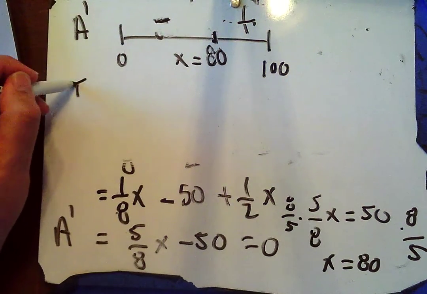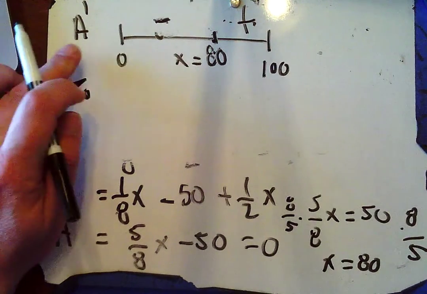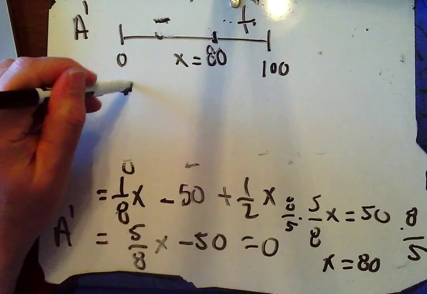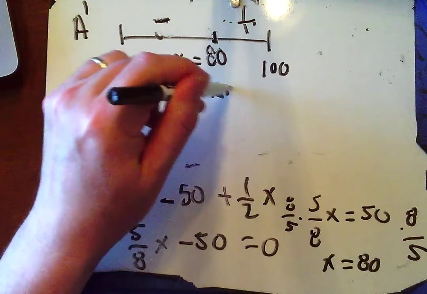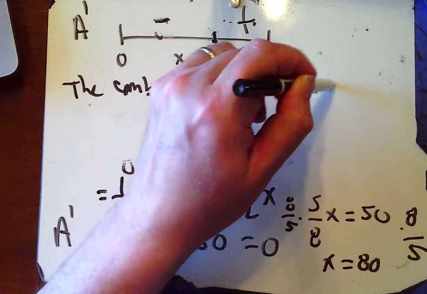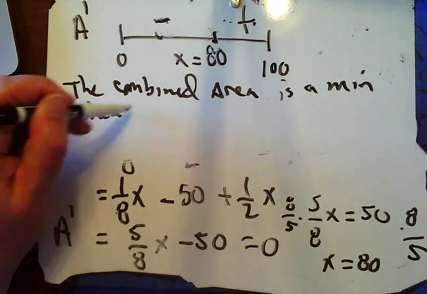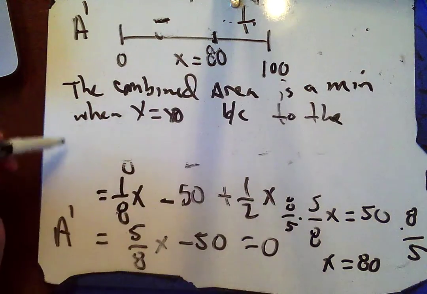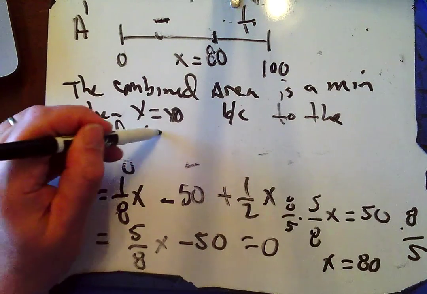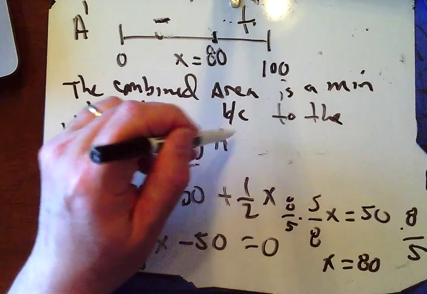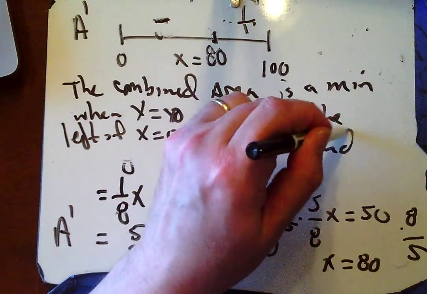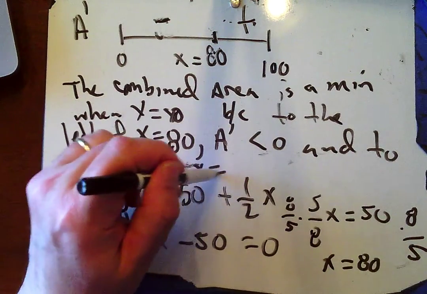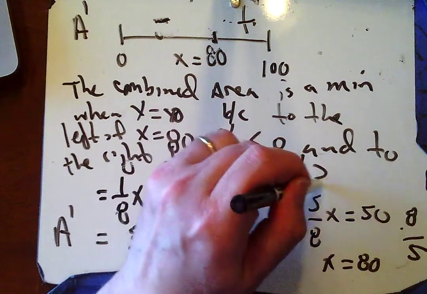The combined total, the combined area is a min when x equals 80, because to the left of x equals 80, A prime is less than 0, and to the right of x equals 80, A prime is greater than 0.